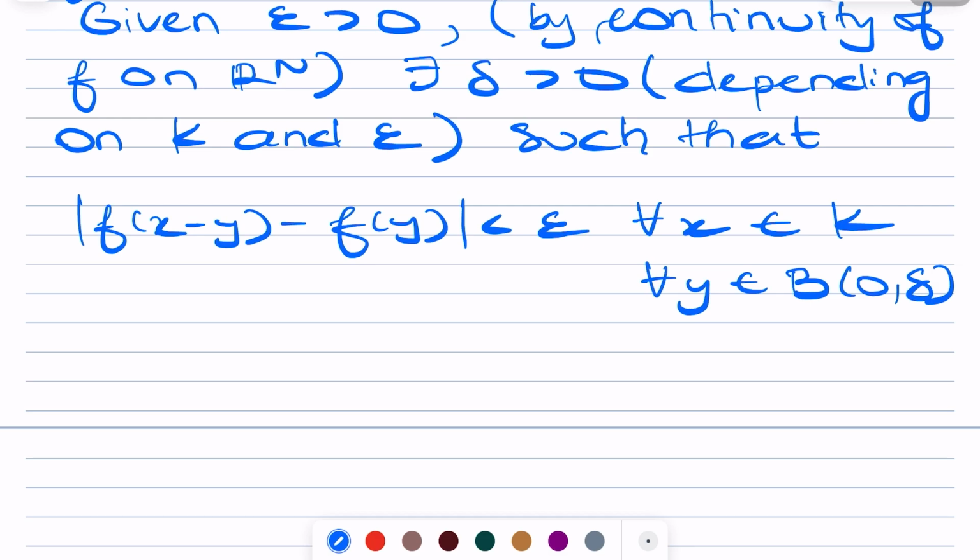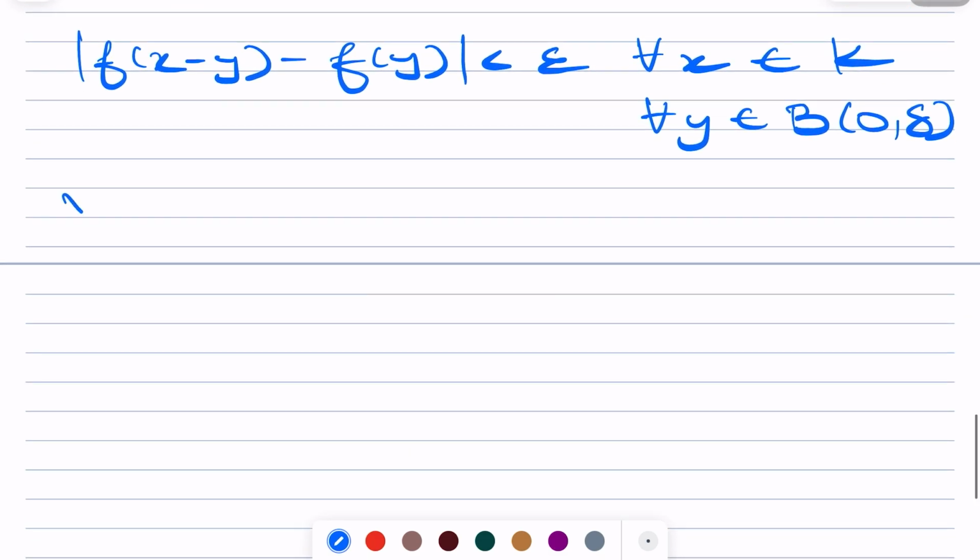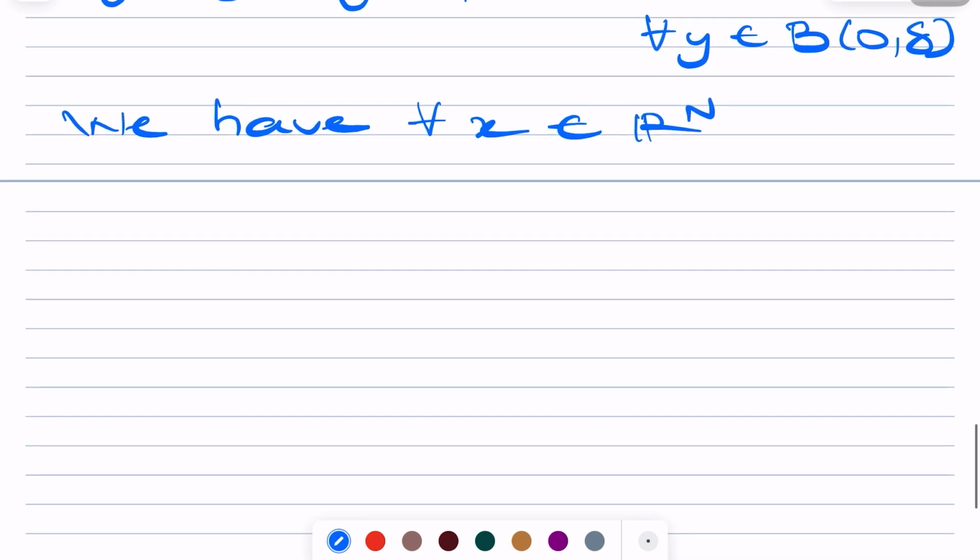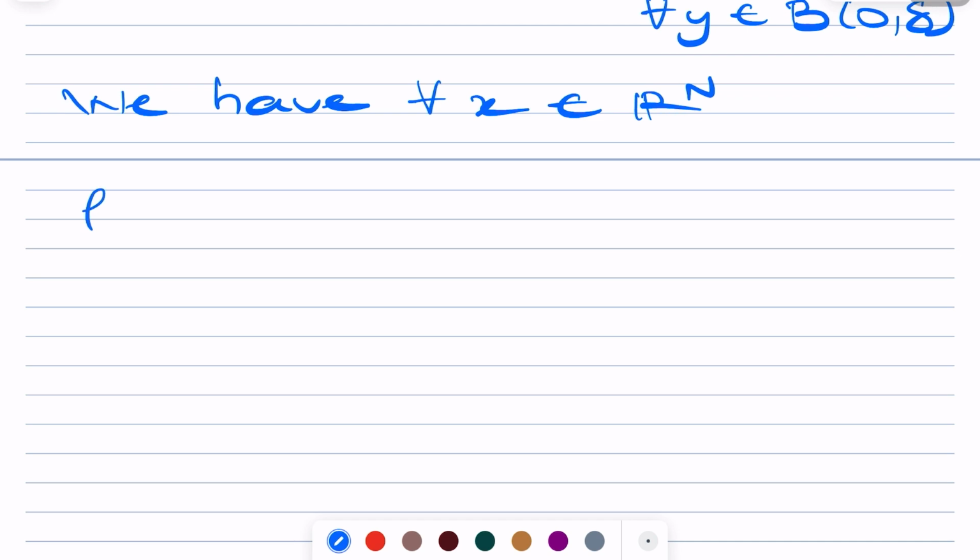Okay, so we have, for every x in R^n, the convolution product rho n convoluted with f applied to x, minus f of x.